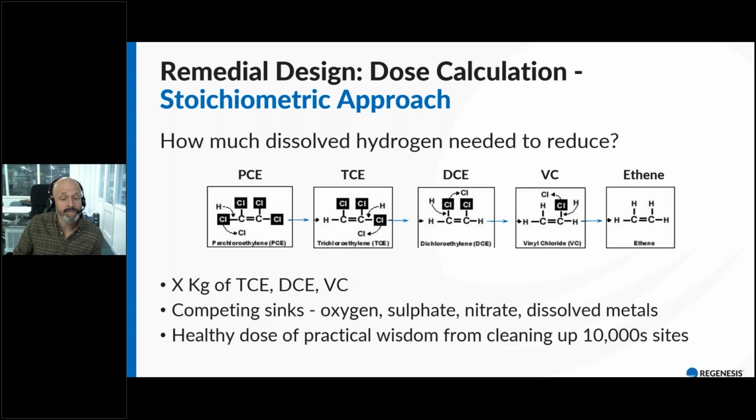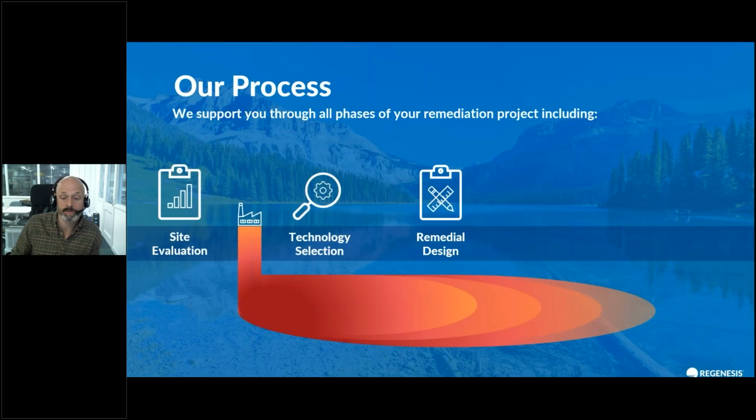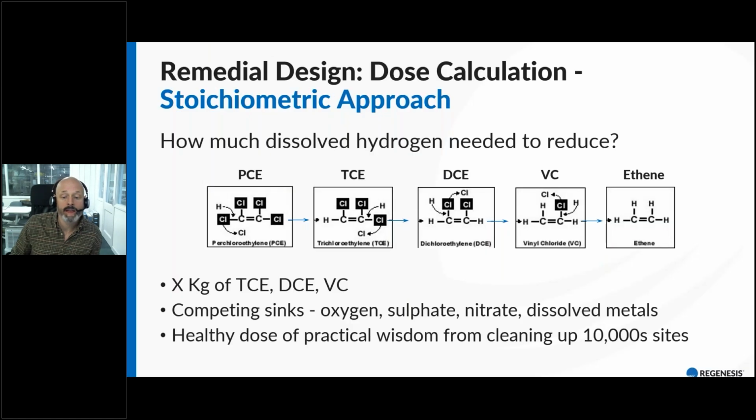Once we have our estimated contaminant mass, we're going to use a stoichiometric approach to determine how much dissolved hydrogen is going to be needed to reduce that amount of contaminant mass.